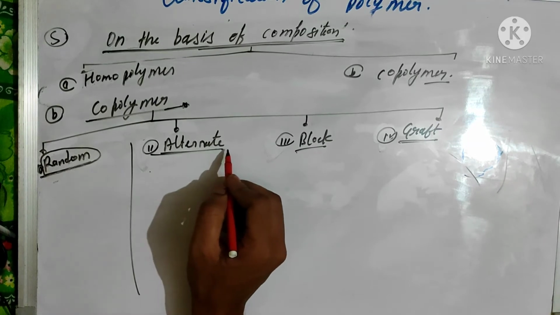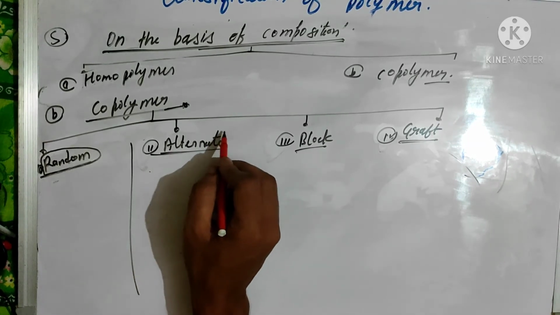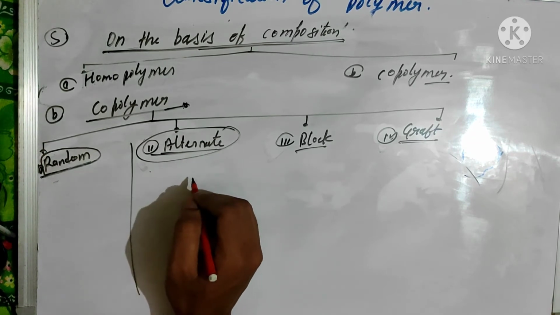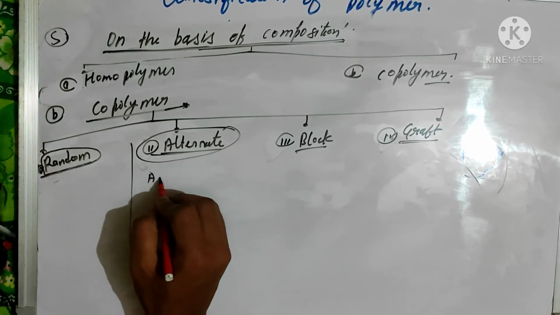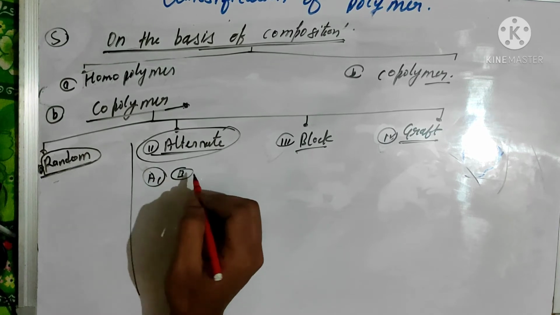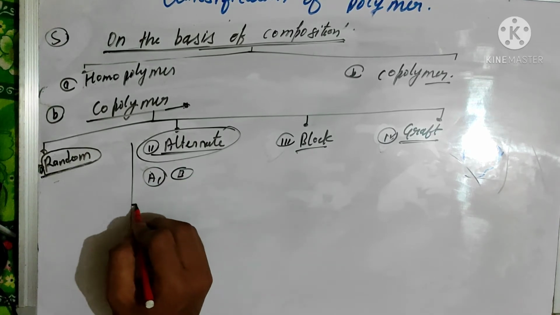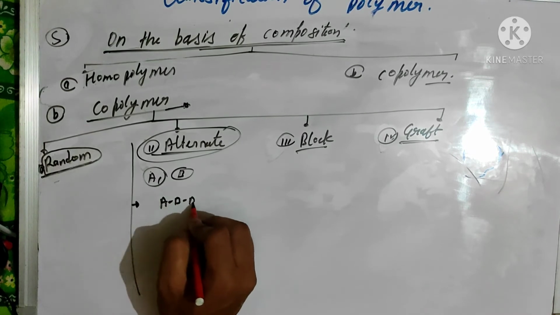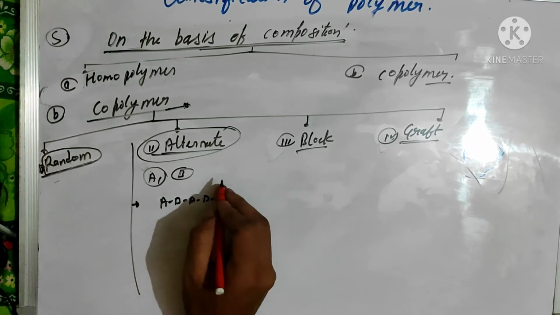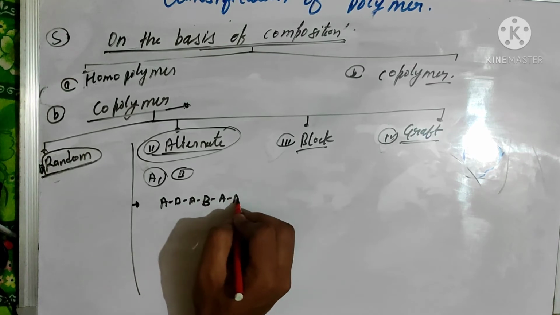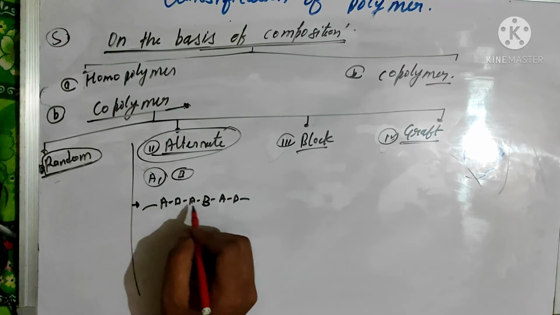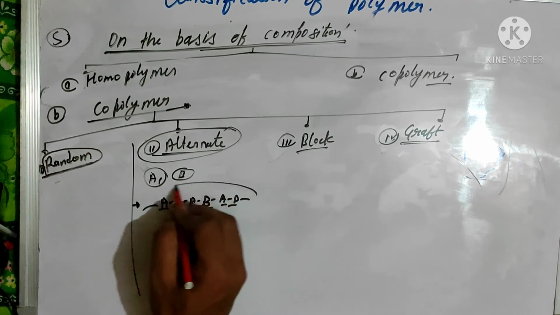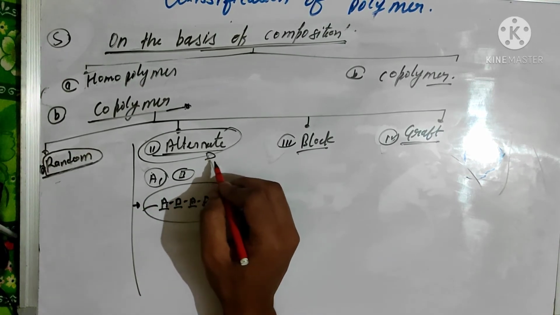Alternate copolymer. In alternate copolymer, the monomers are arranged in an alternating nature. That means let A and B be the monomers of a copolymer. In the alternate copolymer, they arrange alternately: A, B, A, B, A, B. You can see the monomers arranged alternately, A, then B, then A, then B, then A, B. So this comes under the alternate copolymer.